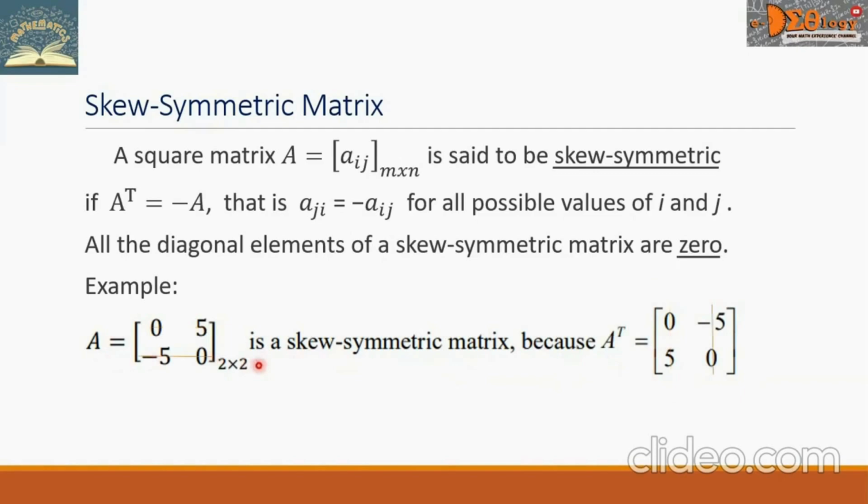The second row of matrix A is equal to the second column of A transpose. We can see that the A transpose is also a 2 by 2 matrix. If we compare this A transpose with the matrix A, this A transpose is equal to the negative of the matrix A. Therefore, this matrix A is skew symmetric.